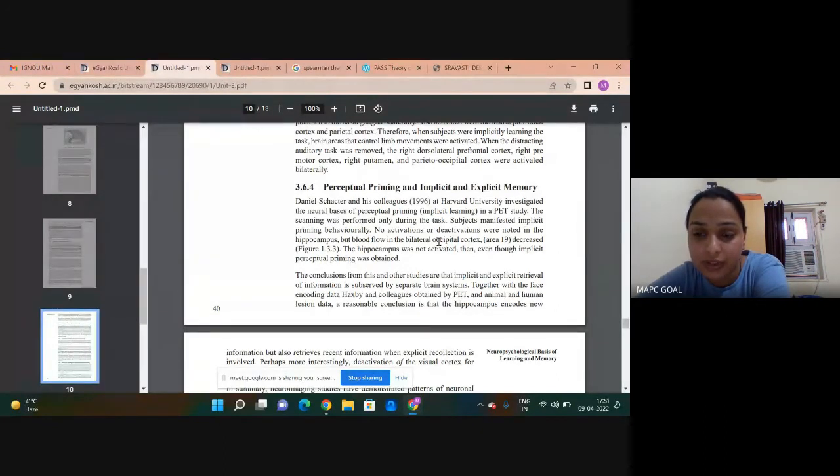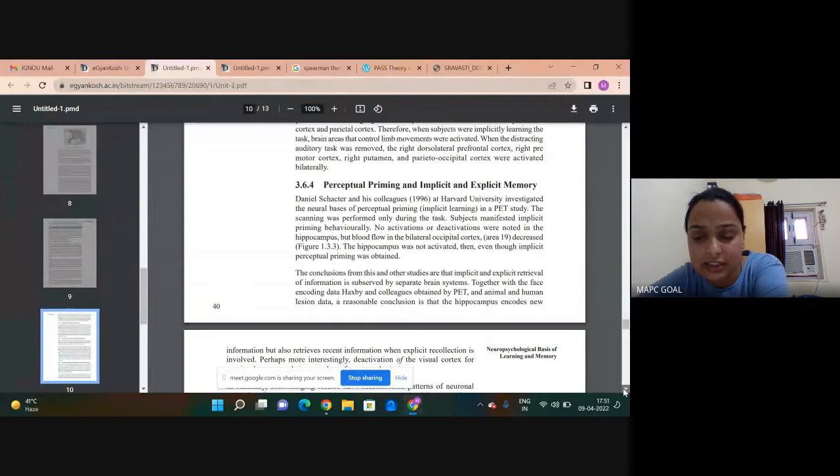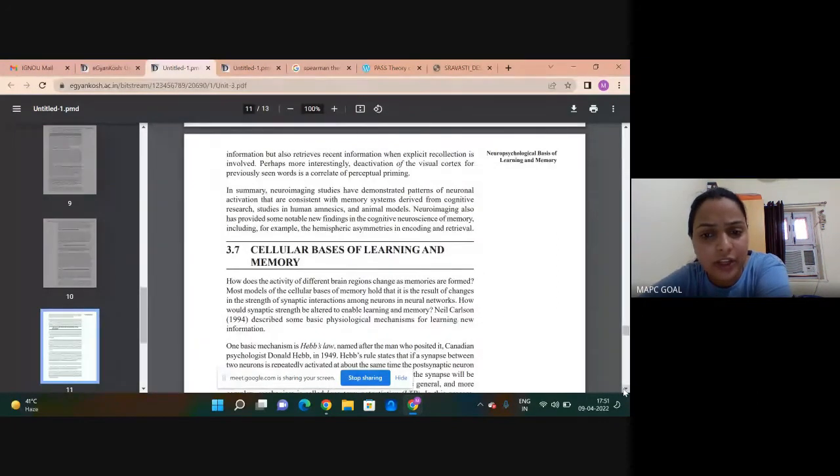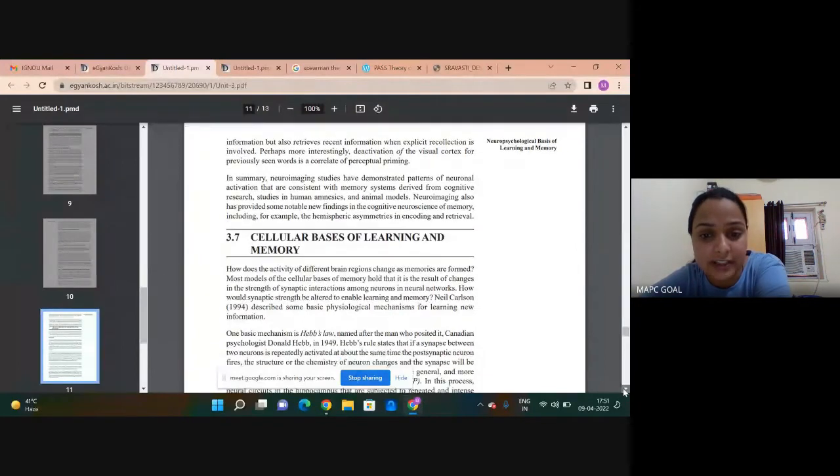So for explicit or implicit memory, these parts of the brain are responsible: the hippocampus and the bilateral occipital cortex. Now how was this studied? Whenever we are engaged in a certain kind of memory process, our brain region gets activated, and that is studied through PET. They are also known as neuroimaging techniques.